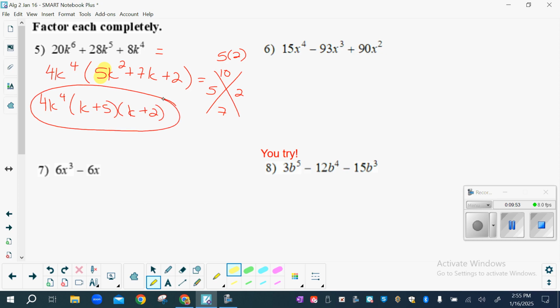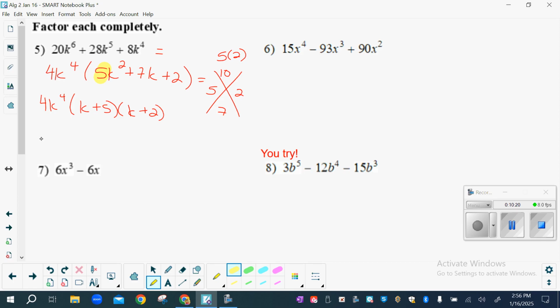Is that our answer? Oh, no, we're not done, are we? You have to divide by 5. So let's talk about why. We took 5 times 2, which gives us 10.